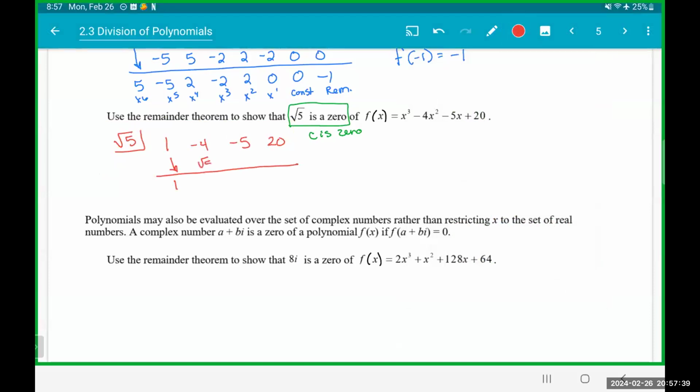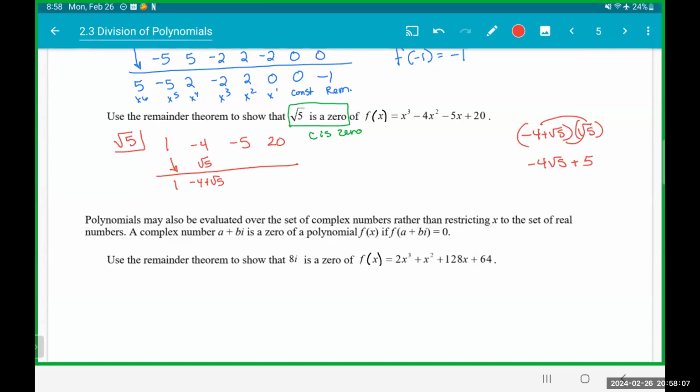So this is square root of 5. So this is -4 plus the square root of 5. Multiply that. So -4 plus the square root of 5 times the square root of 5, right? We have to distribute. So that's -4 square roots of 5 plus the square root of 25, but the square root of 25 is 5.